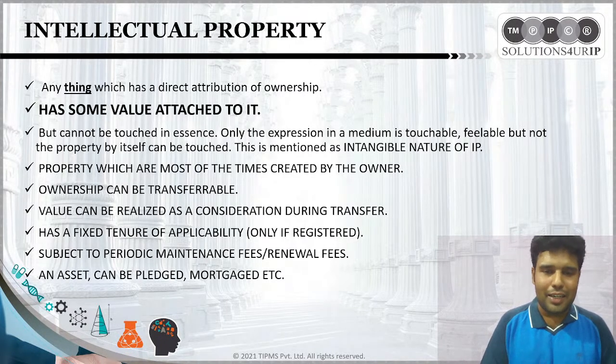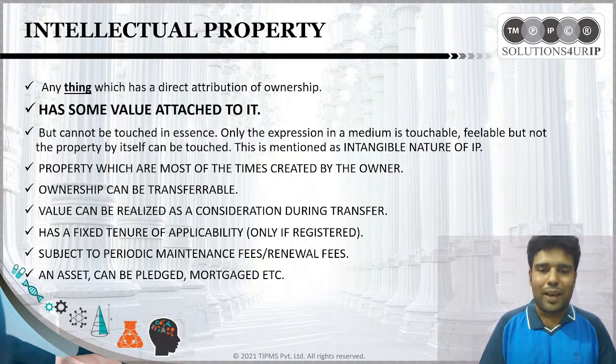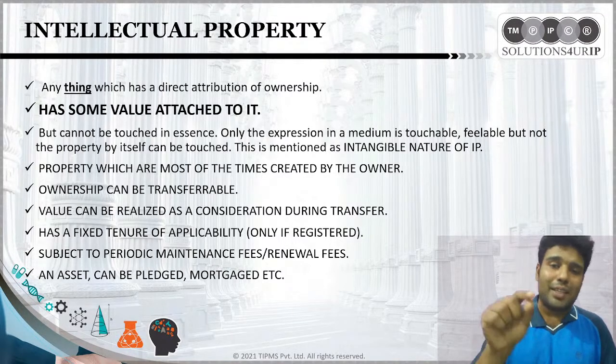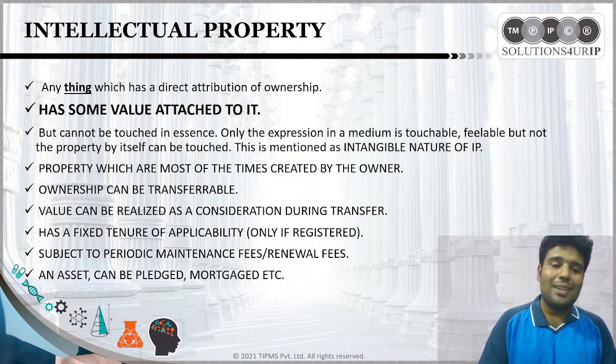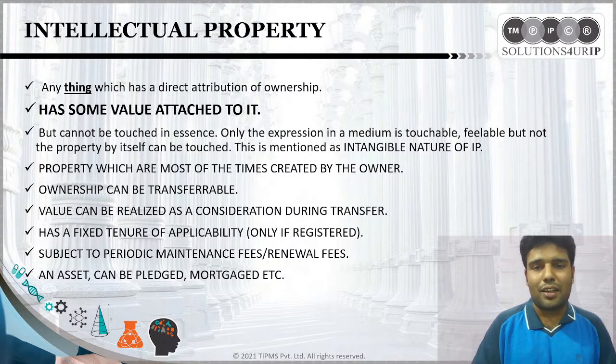We will see later on. If not, you create intellectual property, you can also buy intellectual property, just like any other things that you buy from the market. Intellectual property which can be registered has some tenure attached to it, some time limit attached to it.